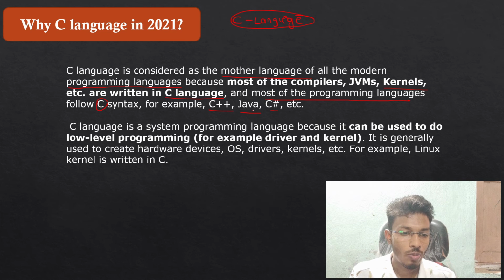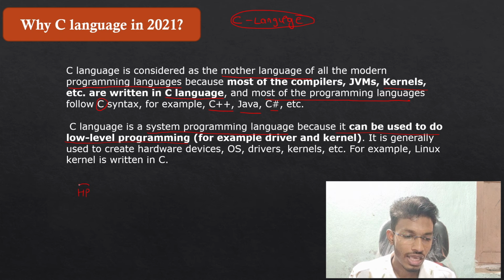Now, where do we use the C language? C is a system programming language because it can be used for low-level programming. For example, consider an HP laser printer.